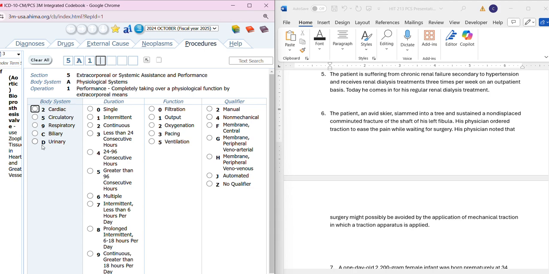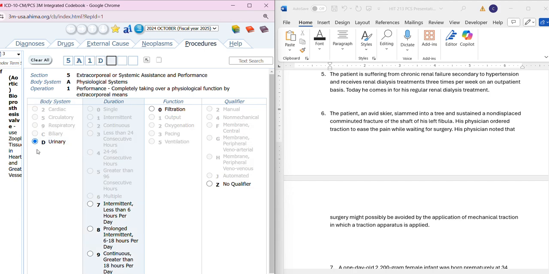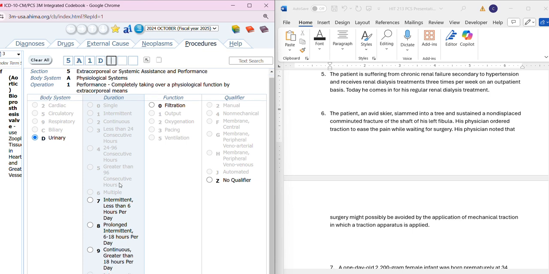Body system is obviously urinary, because the kidneys are part of the urinary tract system. And for duration, he receives dialysis treatments 3 times per week on an outpatient basis.